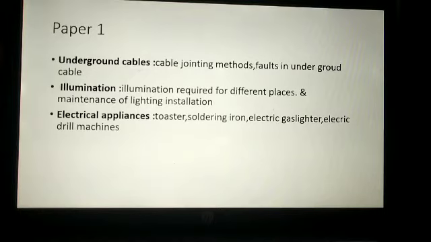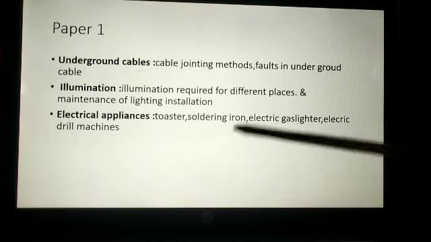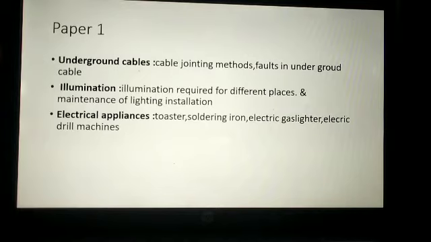From the 9th chapter, subunit 9.3 is reduced, that is table of illumination, cancelled. And again from this chapter, 9.11 maintenance of lighting and installation; 9.11 and 9.3 subunits are cancelled.